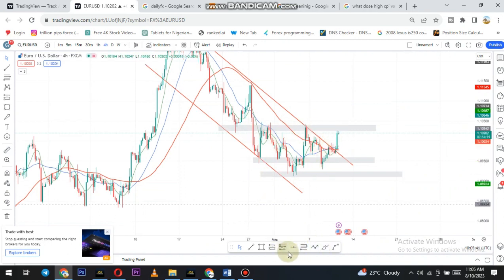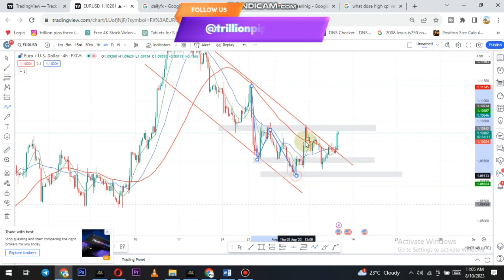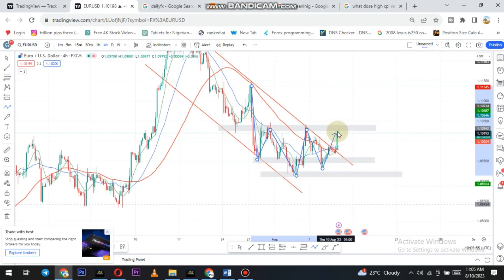And like I said before, we have a potential head and shoulder pattern forming. All right, as you can see it here. So we have the left shoulder, the right shoulder, and as it is right now, it's not a head and shoulder pattern yet until we see the market breaks out of this zone.